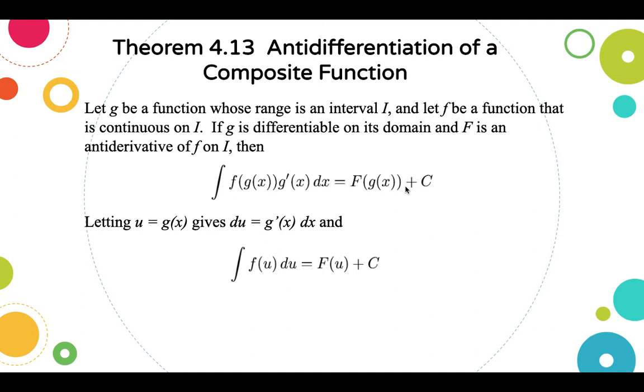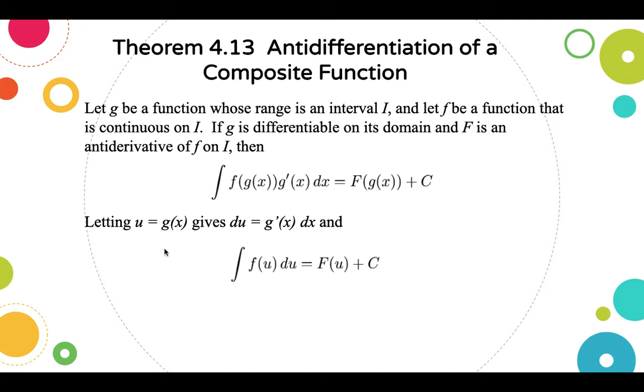And this is just the theorem to spell it out. If I'm doing the integral of f of g of x times g prime of x, that's the antiderivative of f evaluated at g of x plus c. And the constant kind of disappears in the derivative, so it gets absorbed back in when we go backwards.